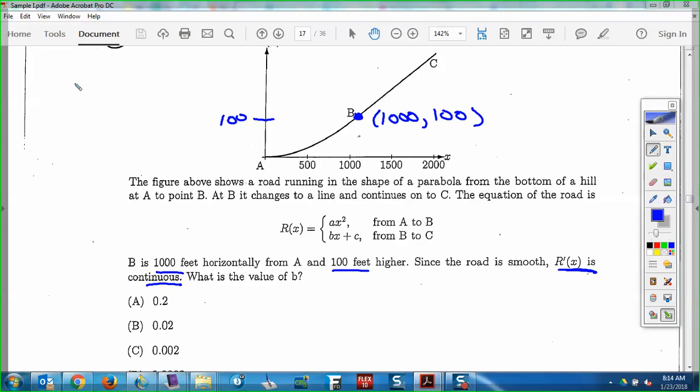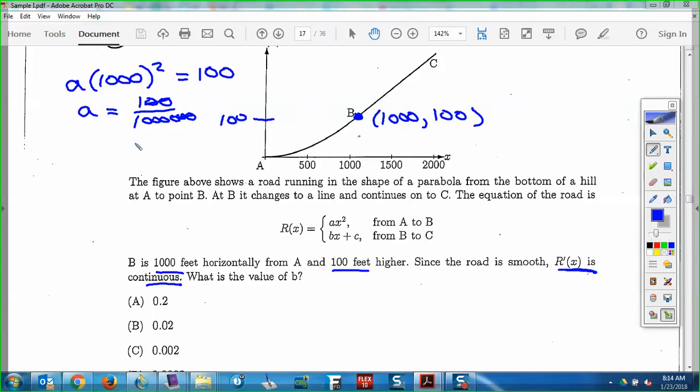Okay? So we know that when we put a 1,000 in for X, we're going to get out 100 on the parabola. So that allows us to find what A is, okay? So we get A equals 100 over 1,000 squared, that'd be 6 zeros.